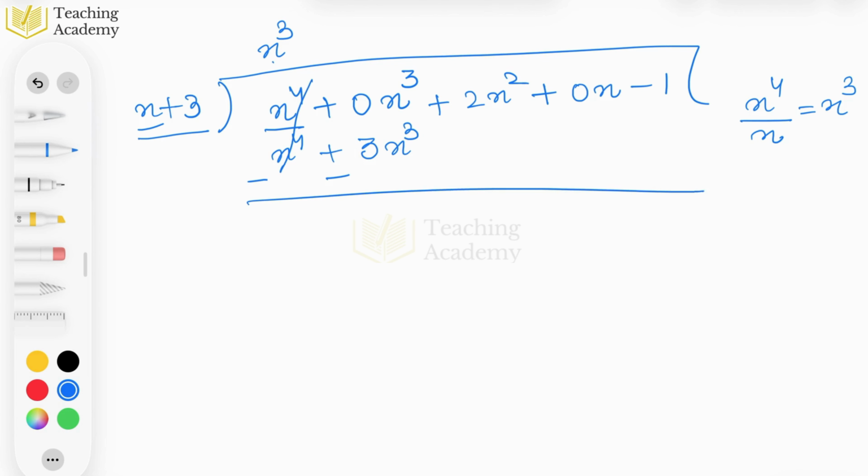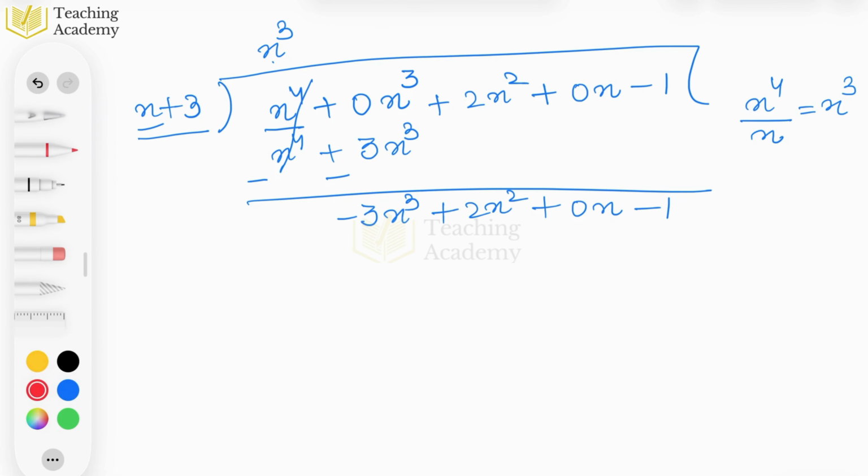Cancel out this. This is going to give you 0x cube and negative 3x cube. So that is giving you negative 3x cube plus 2x square, then 0x, then negative 1, right? Always take the other terms as they are because we are not supposed to change their sign, right?